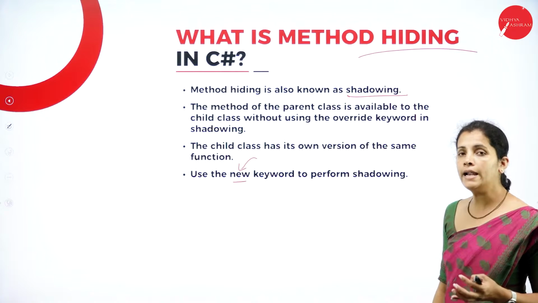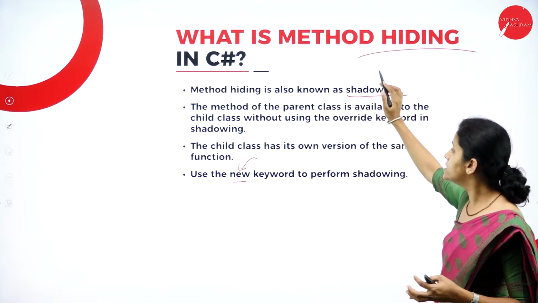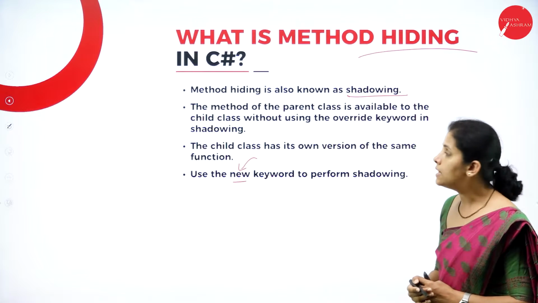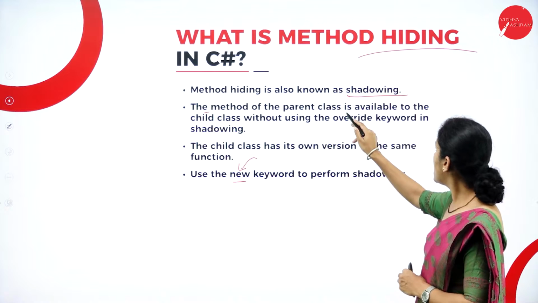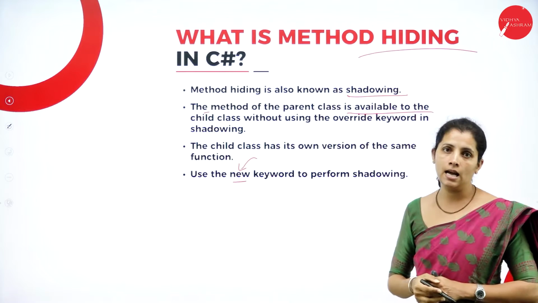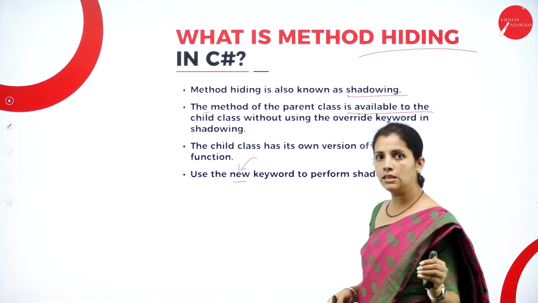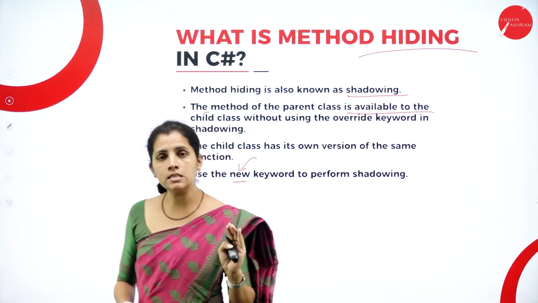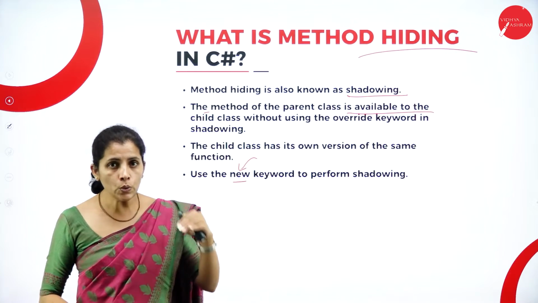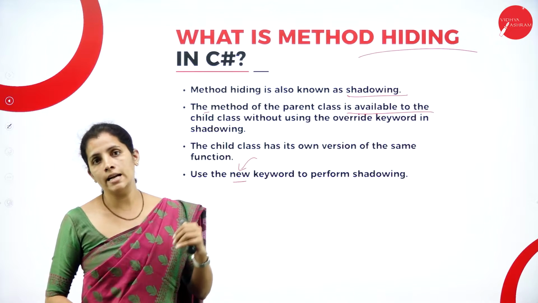So, method hiding is itself known as shadowing. Now, the method of the parent class is available to the child class. That means whatever method is present in the parent class can be used by the child class.